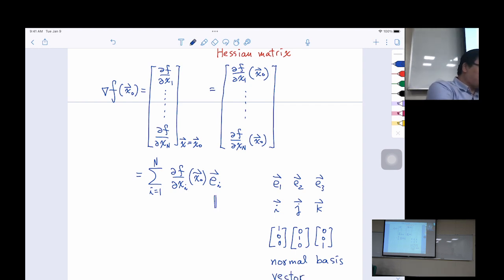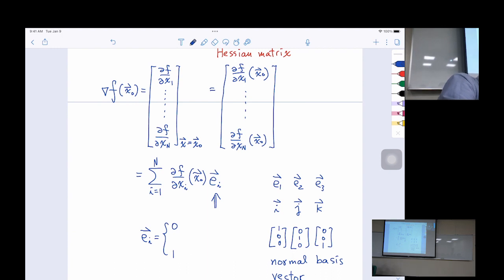In here, you have a normal basis vector of size n, a longer one.